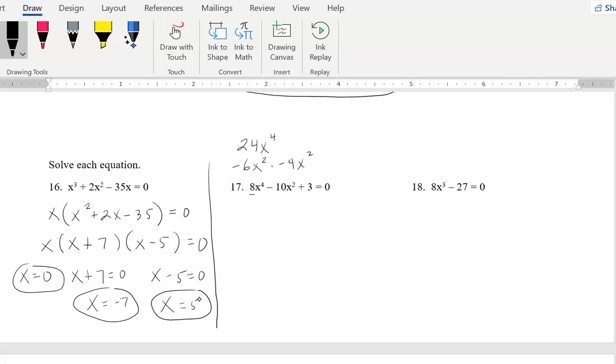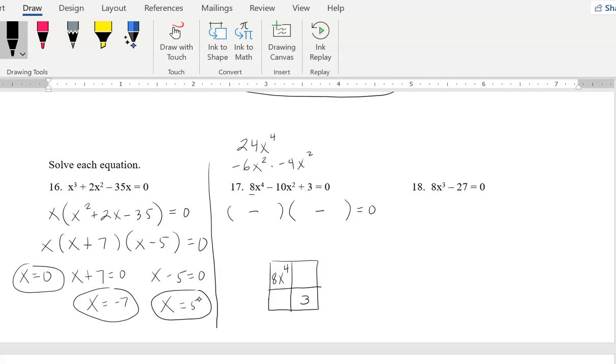Okay, so factoring is possible. And I also know that the signs of my factoring are both going to be negative. Negative in front of positive means both of these are negative. So let me just set up the box down here and we'll come up with the exact factoring. So 8x to the fourth, since we already know what the signs are, don't worry about putting signs in the box.